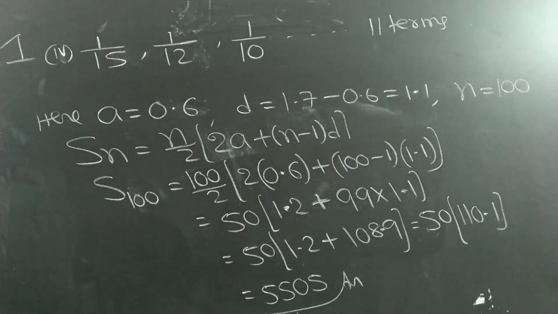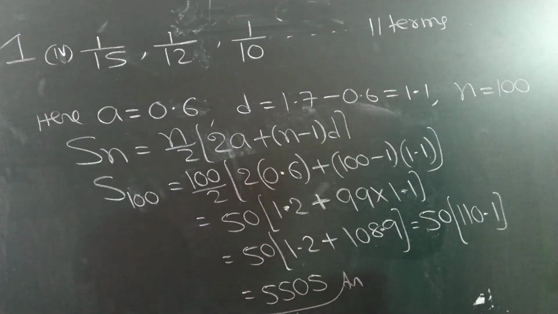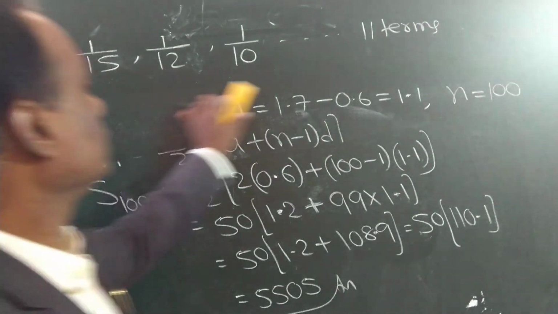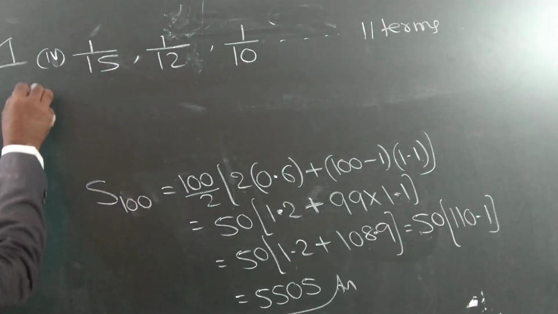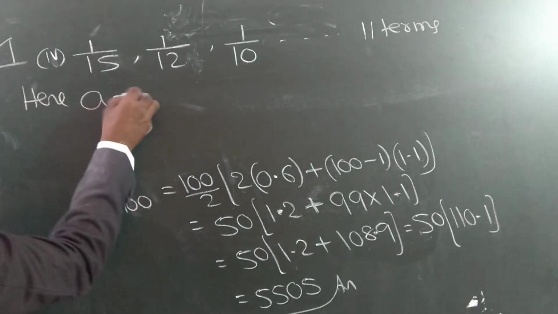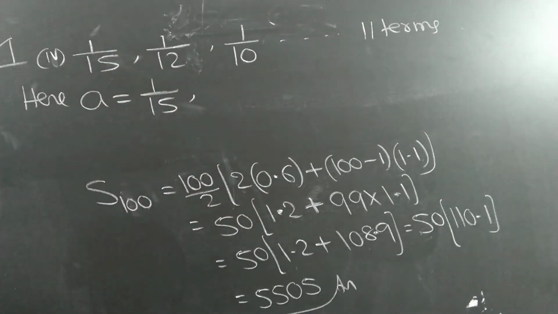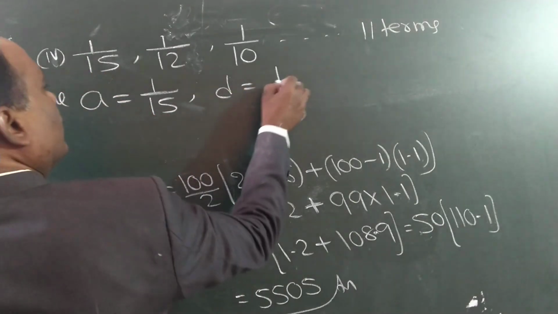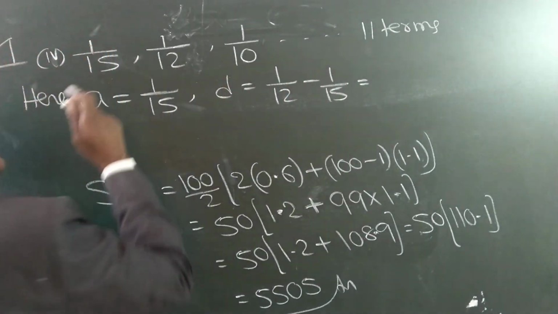1 by 15, 1 by 12, 1 by 10, 11 terms. Simple. A is 1 by 15, the first term. D is second minus first.